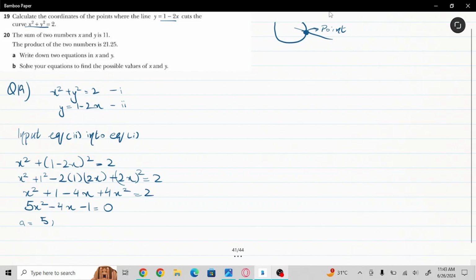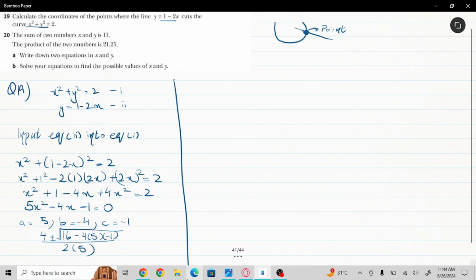A = 5, B = -4, and C = -1. That gives us -B, meaning positive 4, plus or minus the square root of B², meaning 16, minus 4 times 5 times -1, divided by 2 times 5.